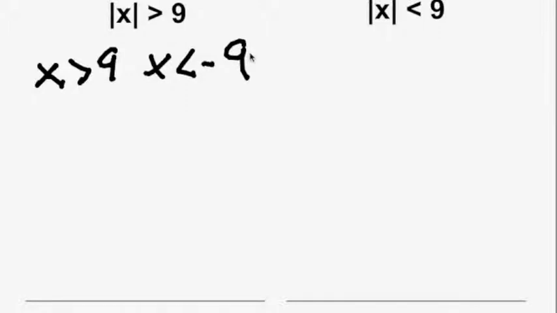The absolute value of negative 10 is 10, and so it satisfies the inequality. And so when you graph it, you have your 0, and you have 9 and negative 9, and the arrows go up and out, and it's open circles because it's less than and greater than. So that's what happens when your absolute value is greater than a number.